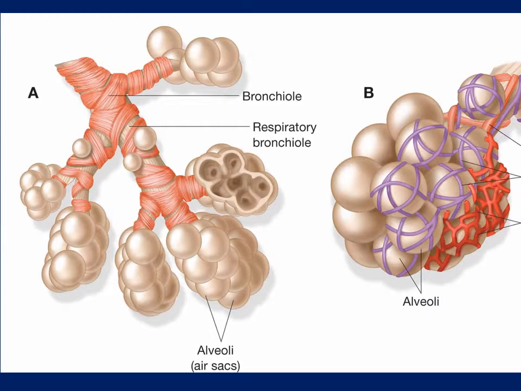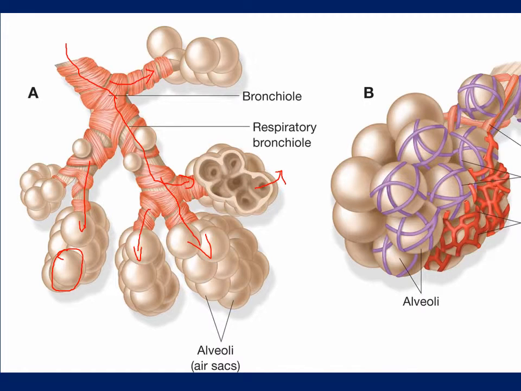So to review some of the anatomy again, remember we get down to the level of the bronchiole, and the air continues into these alveolar sacs, which contain all these alveoli here, and this is the process of gas exchange.